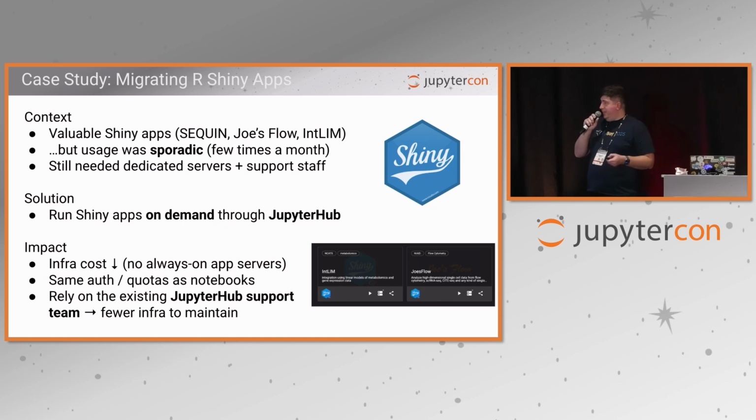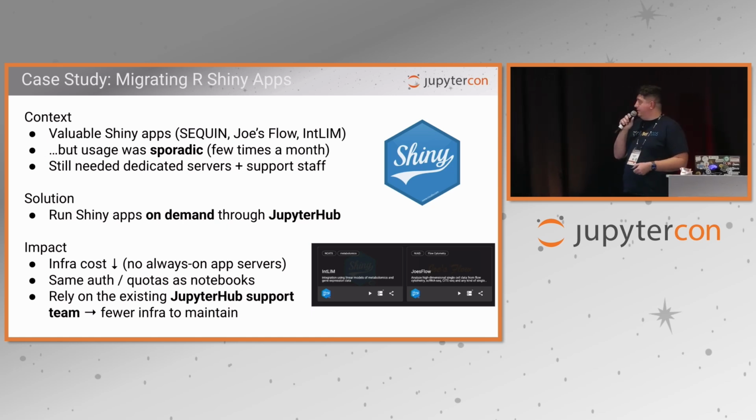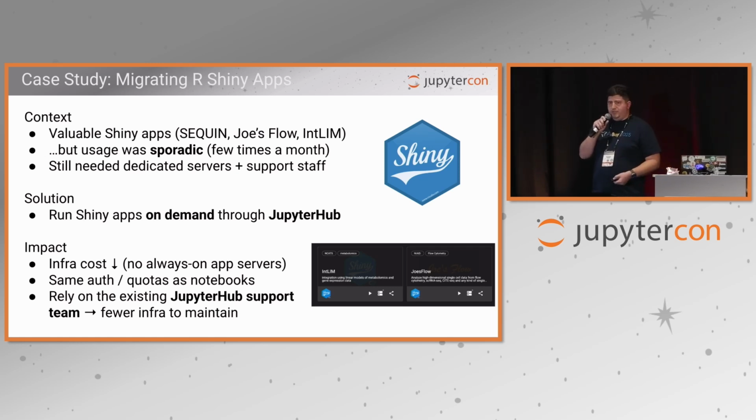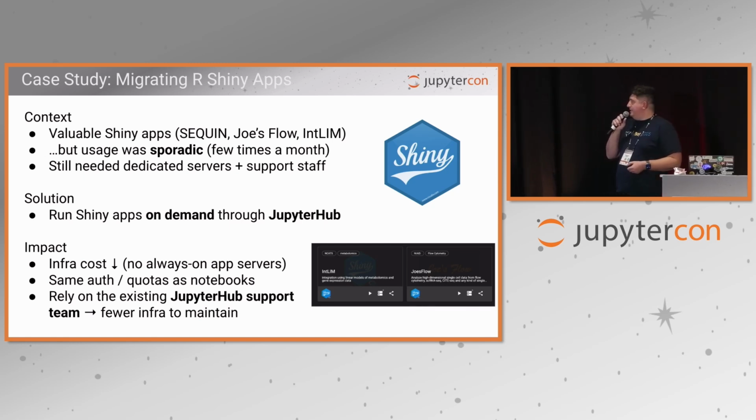We saw an impact that the cost went down because they didn't need to maintain their on-demand servers. The support would go through JupyterHub maintainers, and they would use the same authentication and the same access to the same files, which was great.